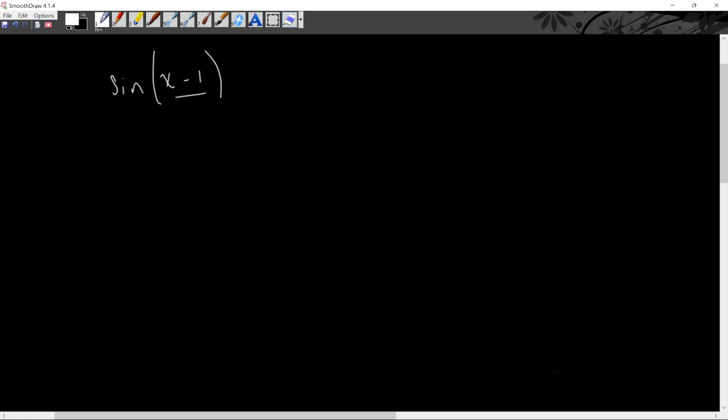It's not being subtracted. 1 is being subtracted from x, which means that the center of this function, or the center of the series that we are about to write, is going to change.